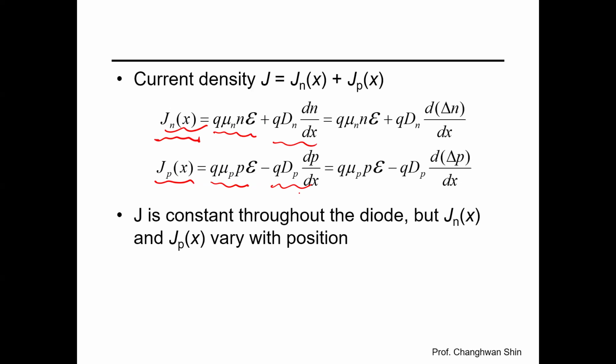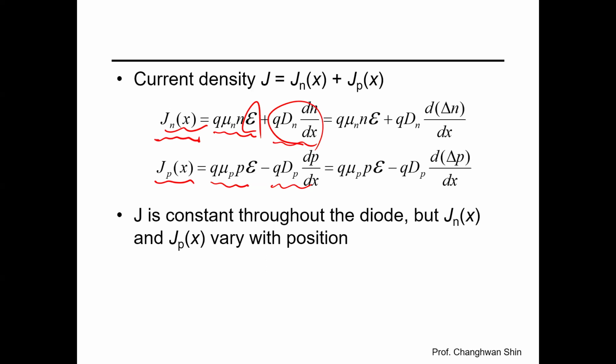Number one, drift current. The first term with the electric field E here represents carriers moving due to an electric field, like leaves being carried by a river current. Number two is diffusion current. The second term with the derivative represents carriers moving due to concentration gradients, similar to how perfume molecules spread out from an area of high concentration to low concentration.